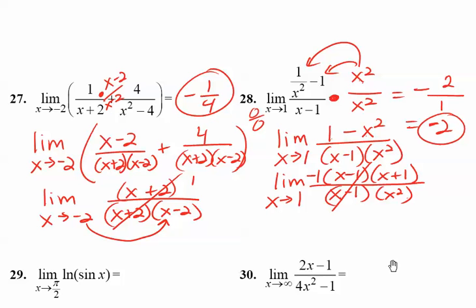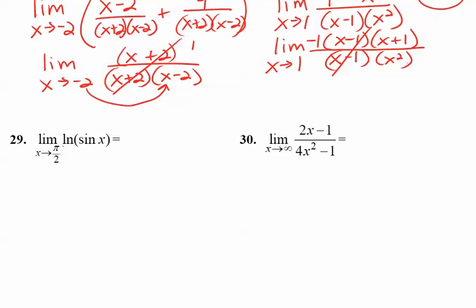All right. The natural log of sine as x goes to pi over 2. Well, sine is a continuous function, so its limit exists everywhere. And the natural log, we know the domain of a natural log is 0 to infinity. So as long as we're within 0 to infinity, we know the natural log is also continuous.